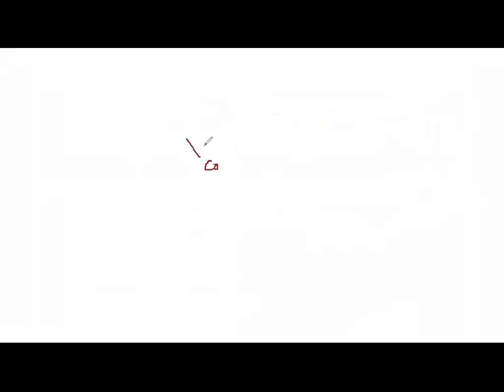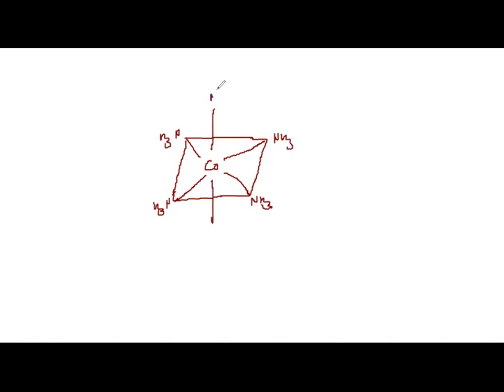Here is Co, with 4 NH3 around it, 1 NH3 above and 1 below. Join all of them and you will get the geometry.